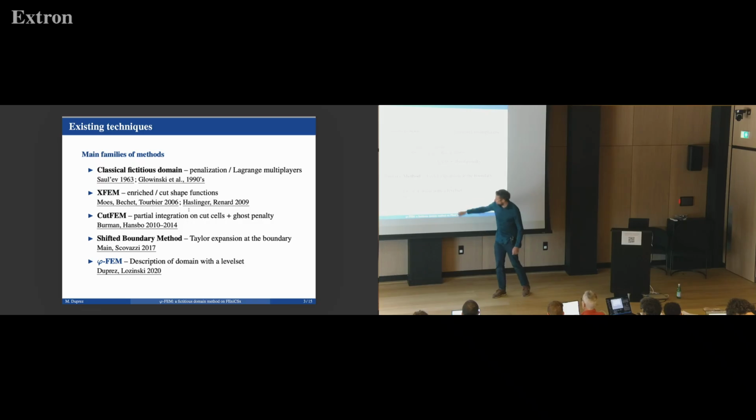And as presented this morning by Jürgen, the shifted boundary method, where the idea is to have a Taylor expansion of the boundary condition from the real boundary to the discrete one. And I will present now phi-FEM, where we use a description of the domain with a level set function.